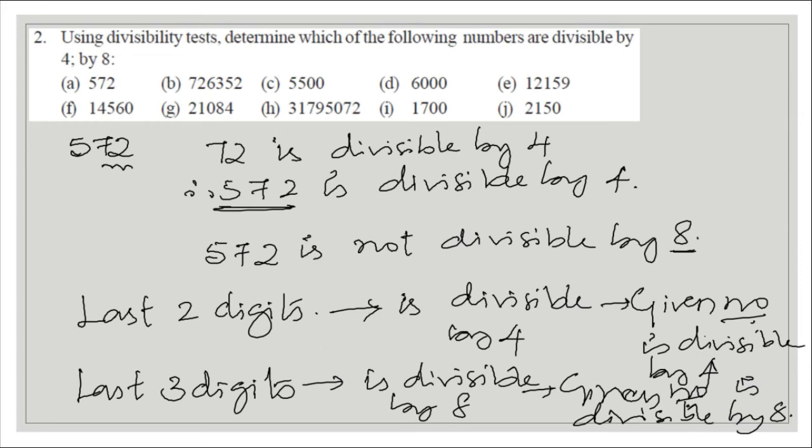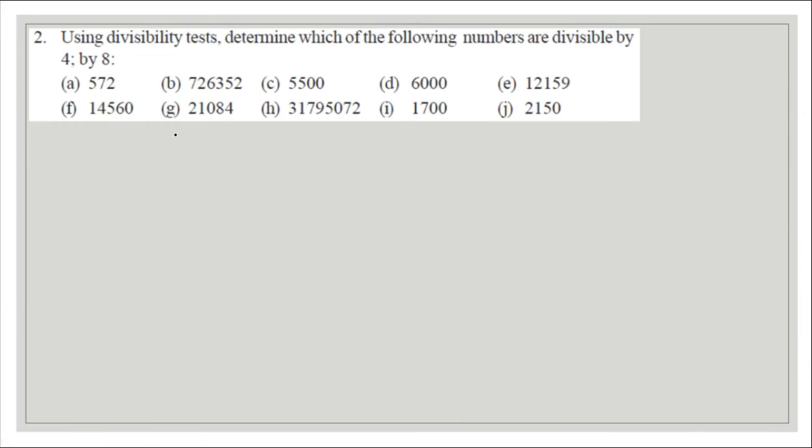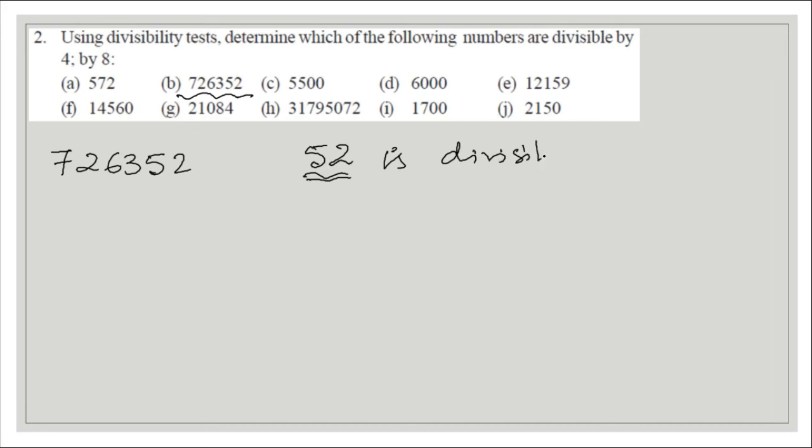So let me take the second one. 726352. If I consider only the last two digits 52, 4 ones are 4, 4 threes are 12, is divisible by 4. Let me consider the last 3 digits 352.